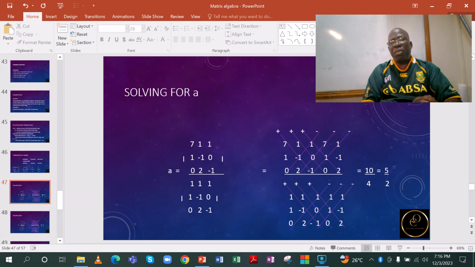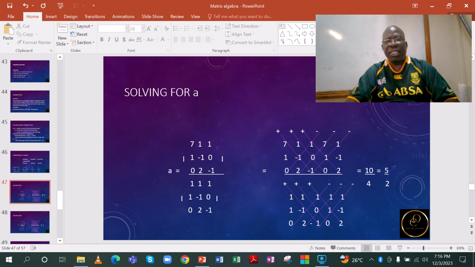The simple way of calculating the determinant of a 3 by 3 matrix is to write the elements of the matrix, in this case 7, 1, 1, 1, -1, 0, 0, 2, -1. Then repeat the first 2 columns of the matrix, that is 7, 1, and 1, -1, and 0, 2.